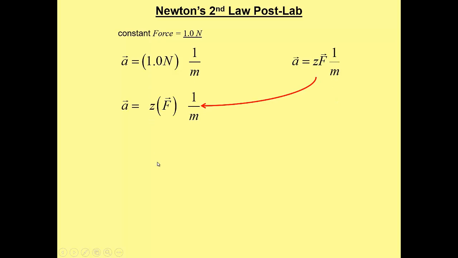And do you see it again? The slope we got in the lab has got to be z times the force. But in this part of the lab, we kept the force constant at 1 newton, which is exactly what the slope was. So again, what does z need to be? 1, right? With no units. If you take 1 times 1 newton, you get 1 newton.